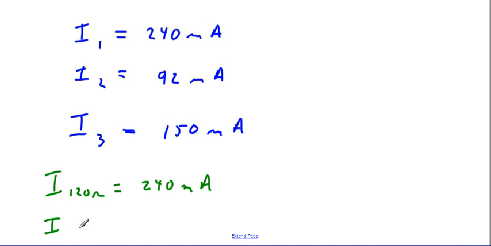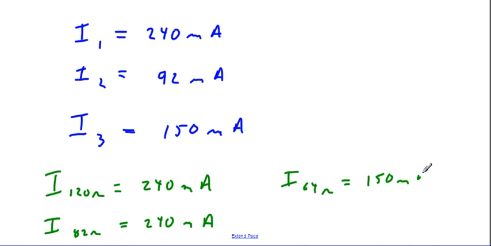The current through the 82 ohm resistor is 240 milliamps. The current through the 64 ohm resistor is I3, which is 150 milliamps. The current through the 25 ohm resistor is equal to the current through the 110 ohm resistor, which is I2, 92 milliamps.